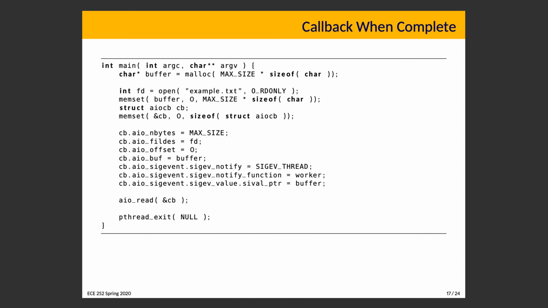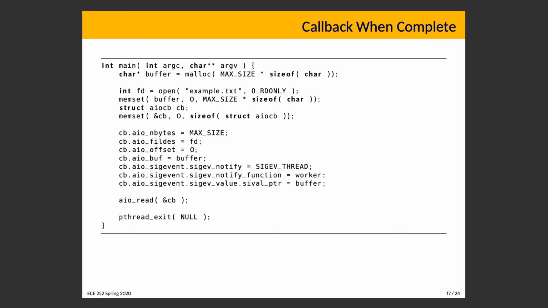That, of course, has to be paired with our main function, which is also quite straightforward in this scenario. We will allocate a buffer, open the file that we want to read, memset our buffer, declare our AIO control block, and memset it as well, keeping in mind it's full of fields we don't need, so it's important to memset them so we don't have garbage in there.